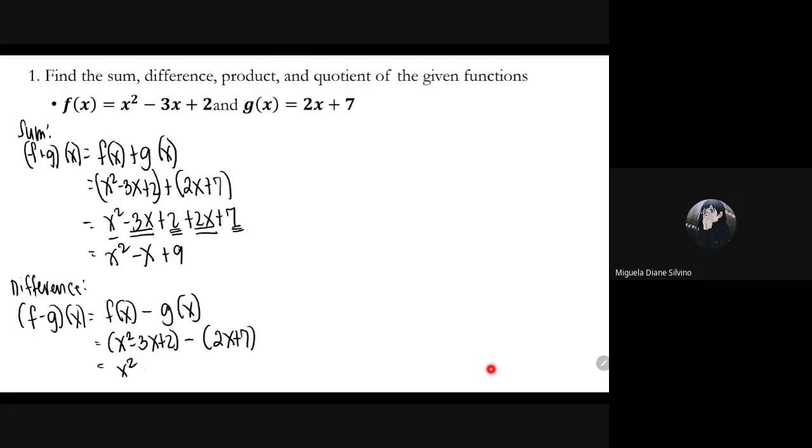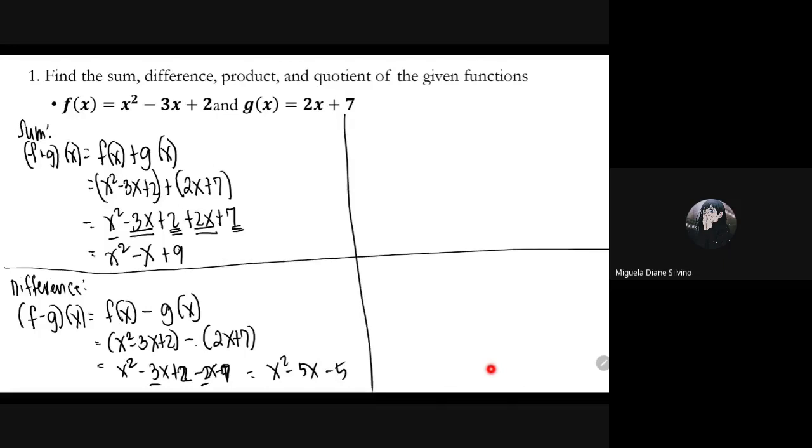So this will be x squared minus 3x plus 2. May negative ka dito, so you have to distribute it to 2x plus 7. So magiging negative 2x minus 7. So this will be x squared, the same ito. So negative 5x minus 5.